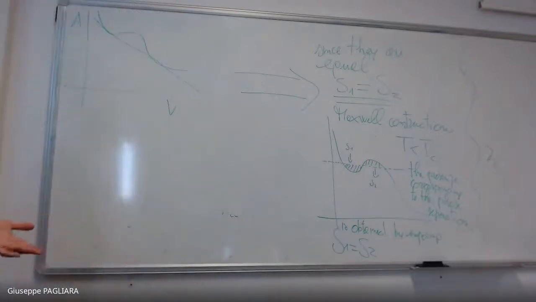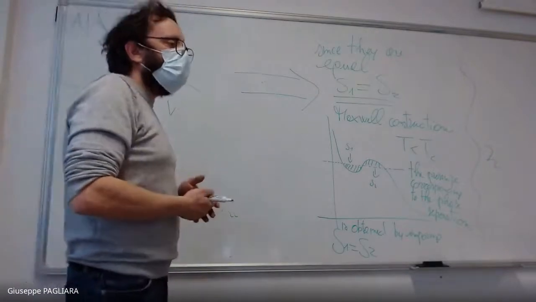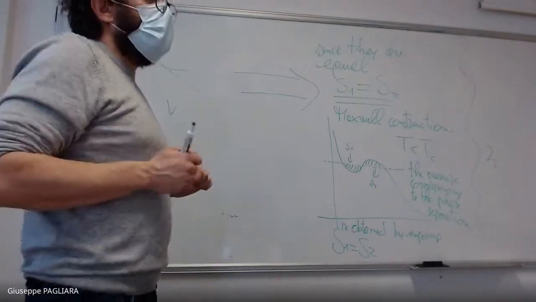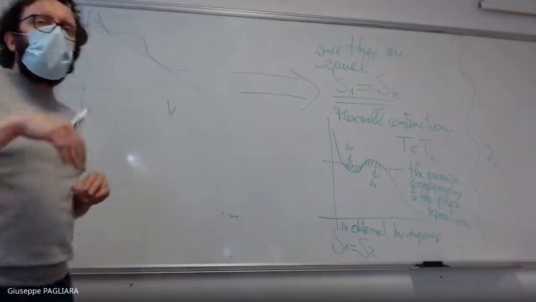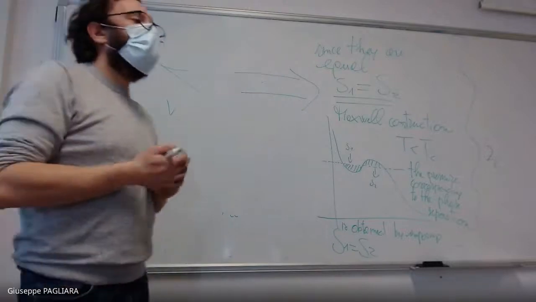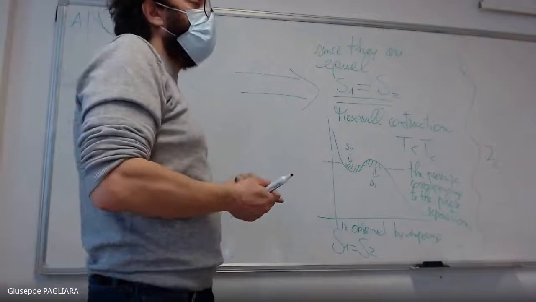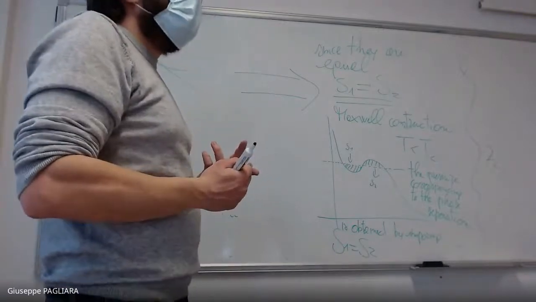Then we have obtained a relation between PV and temperature, which looks like the relation of the ideal gas, but with the important feature of having a critical point, so a critical temperature, a critical pressure, and a critical volume.